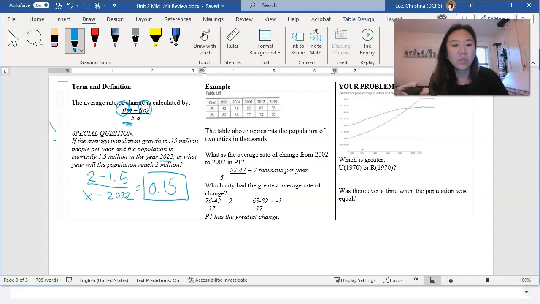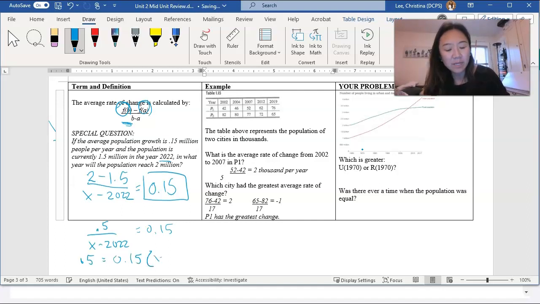Okay, so you can then calculate, we would end up with 0.5 over x minus 2022 equals 0.15. Now to get this out of the denominator, I can multiply both sides by x minus 2022 because this is division. So we'd have 0.5 equals 0.15 times x minus 2022.